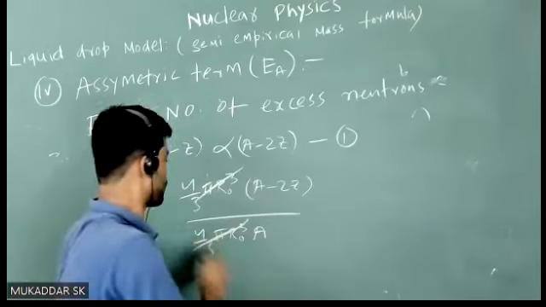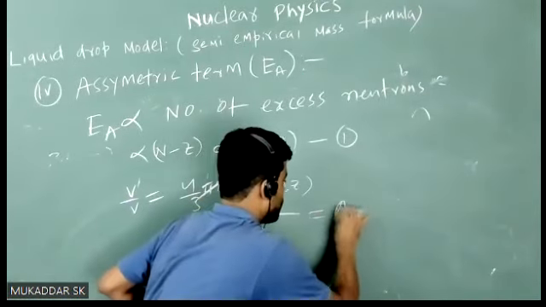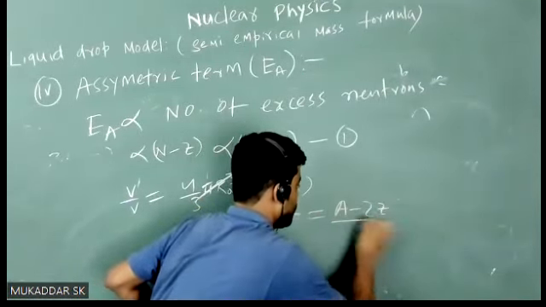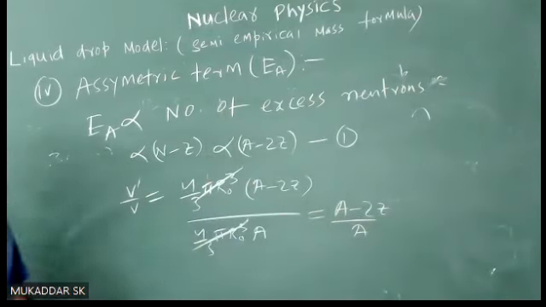Basically V prime by V will be A minus 2Z by A. Is it clear?